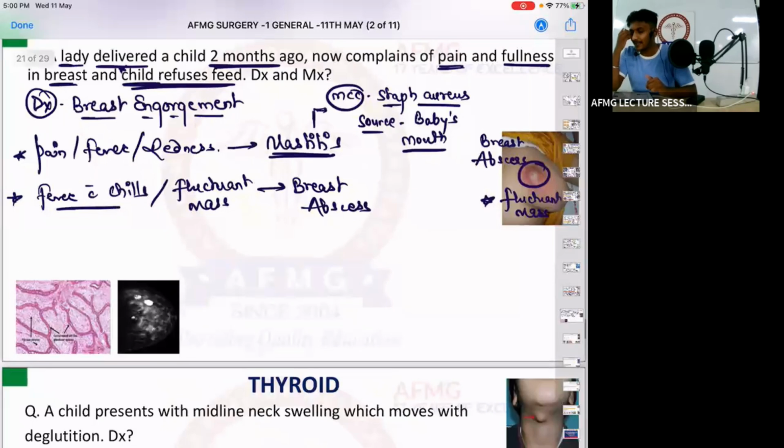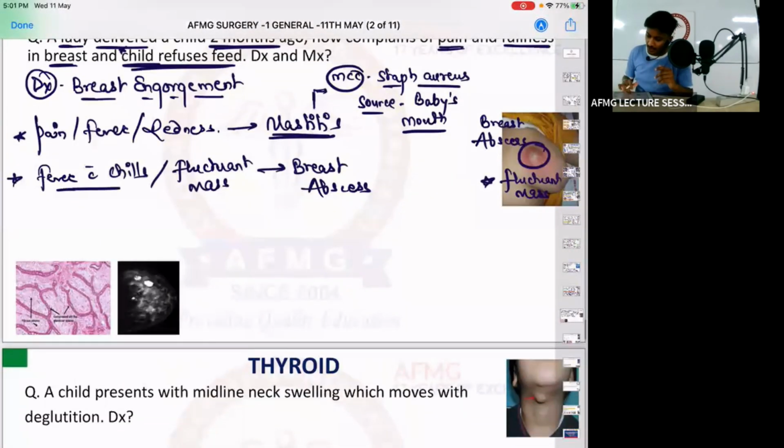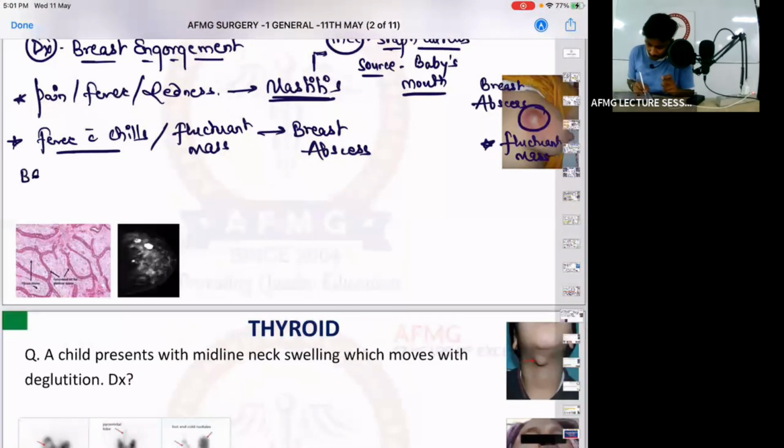Now drug of choice for mastitis. Anybody? Breast engorgement की management पूछे, पहले वो बता दो. For breast engorgement, the management would be pumps can be used, or maybe expression of milk can be done.